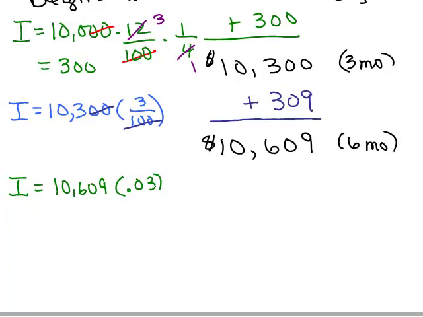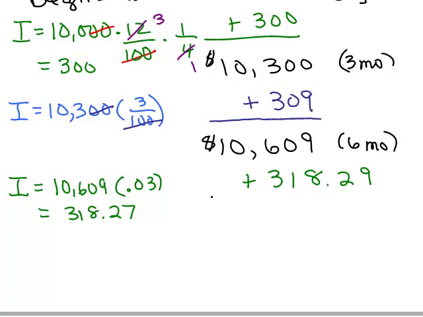And when you multiply, if you get out your calculator and you do 10,609 times 0.03, you will get 318.27. Okay, you could also do that, this really wasn't very hard to do in your head as well. But I now have this much in interest. So check it out. For these 3 months, he made $18 more in interest.